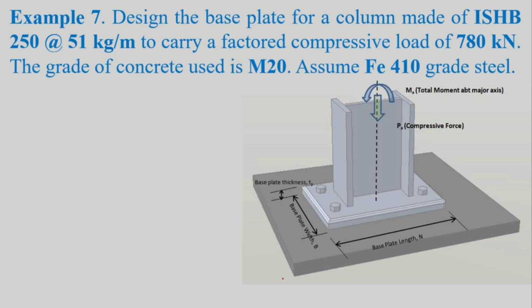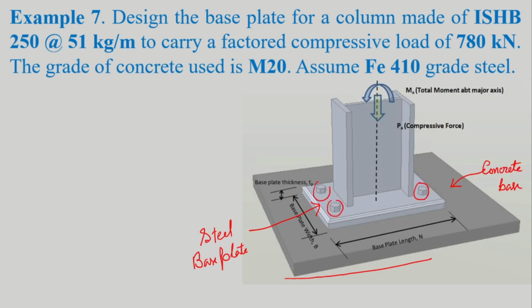If you see the column arrangement, this is the concrete base. Over the concrete base, this is one base plate. It is a steel base plate which is fixed over the column with the help of some bolts.